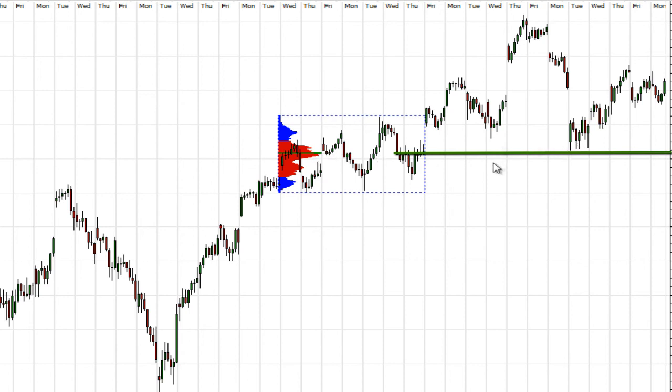If we were just looking at the candlestick charts, we wouldn't have known that there's good support here. We don't see the horizontal volume, but here we saw it. It's pretty clear that this key reference area could have provided great support.